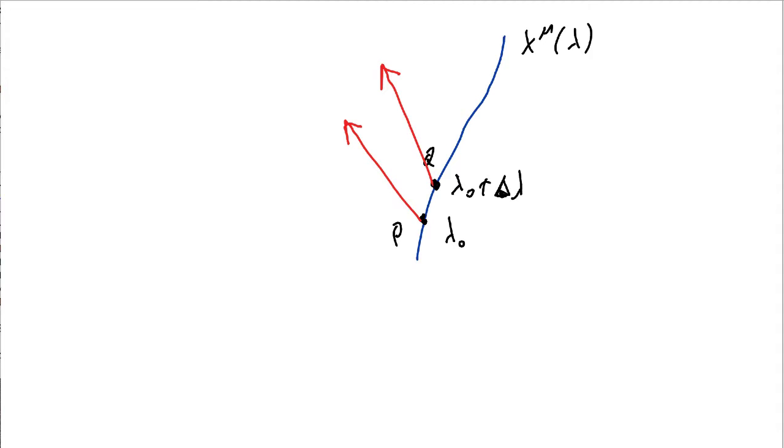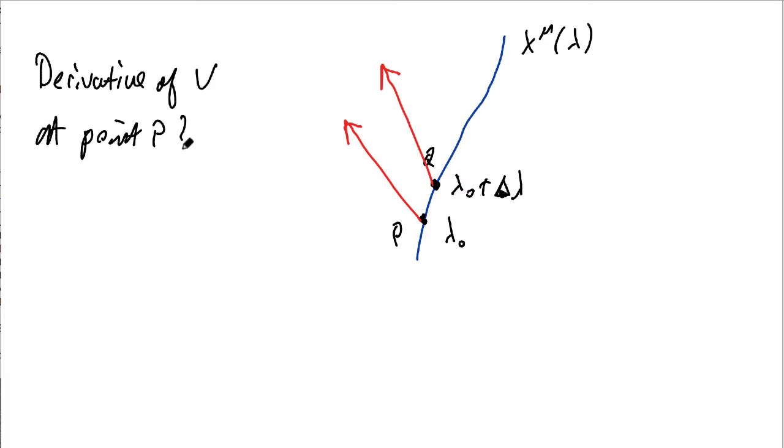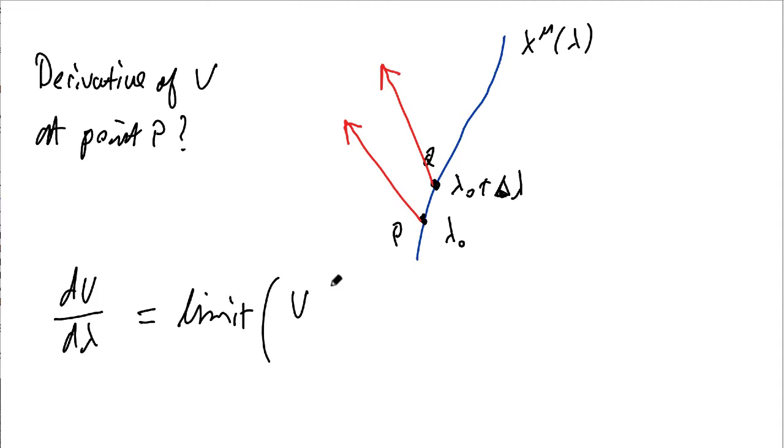Well, how do we define the derivative of this vector field at P? We'll call the vector field V at point P. Well, naively, we would say that the derivative of V with respect to lambda is given by the limit of, we take the vector at a nearby point Q and subtract the vector at point P and divide by delta lambda.